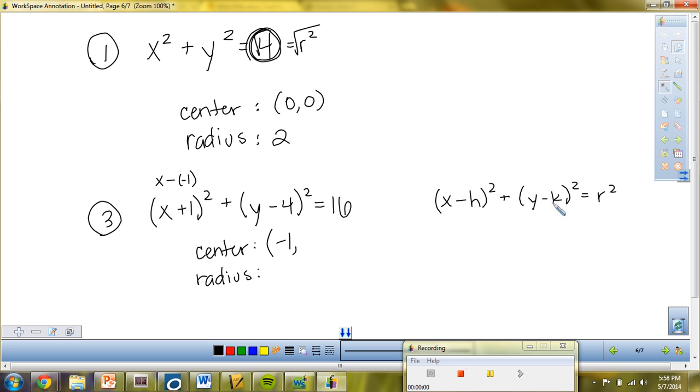And I also have to remember that this was minus k, so this was like y minus positive 4. So I have to remember that the k that I plugged in was actually a positive. So when I'm looking at my equation, my center is actually going to be the opposite of what I'm seeing. And then same thing, this is representing my r squared. And so if 16 is equal to the r squared, I want to find just the radius, which means my radius is going to be 4.